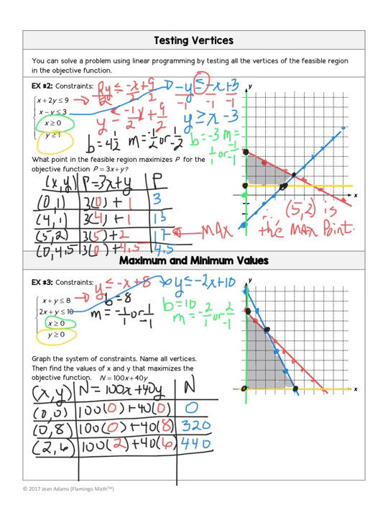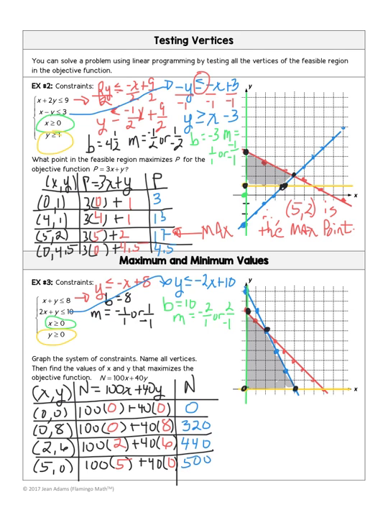And then last but not least, we have this vertex 5, 0. So 5 times 100 is 500, plus 40 times 0 is 0.